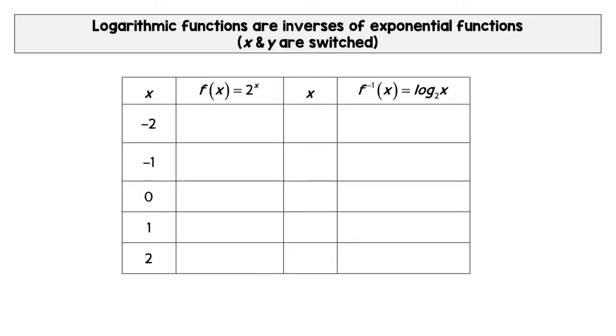All right, so now let's look and see what happens here when your x's and y's are swapped. And again, that's talking about our inverses. So here we're going to plug in -2 into f of x. So f at -2, that's going to be 2 to the -2, which is going to be positive 1/4.